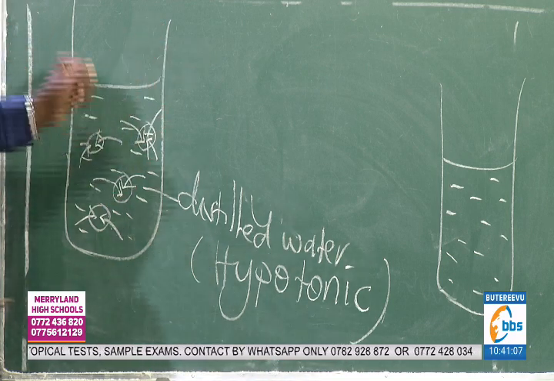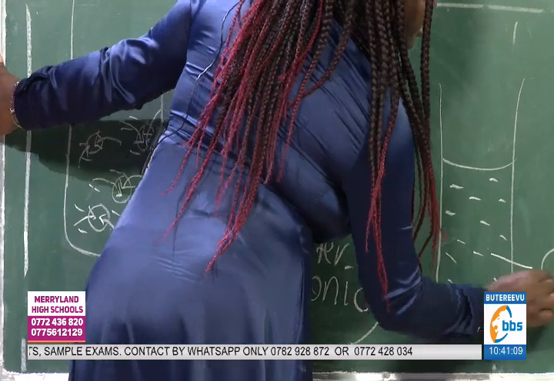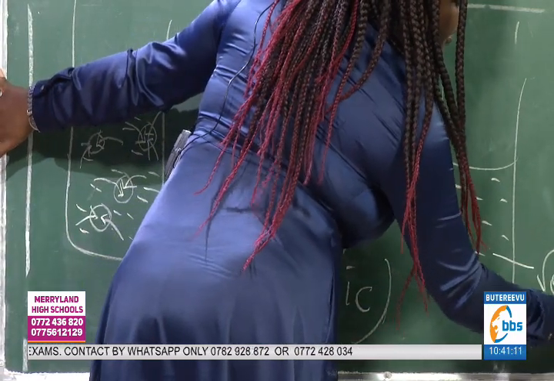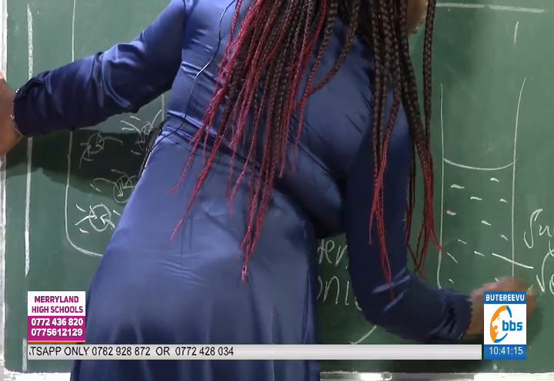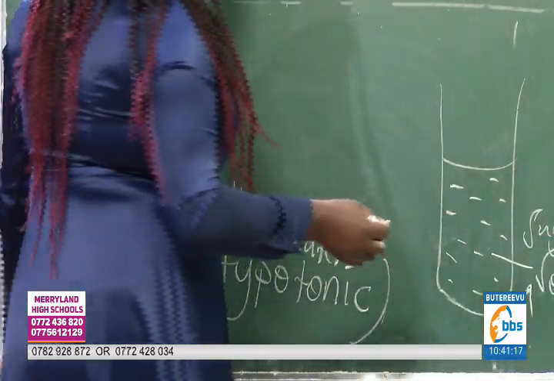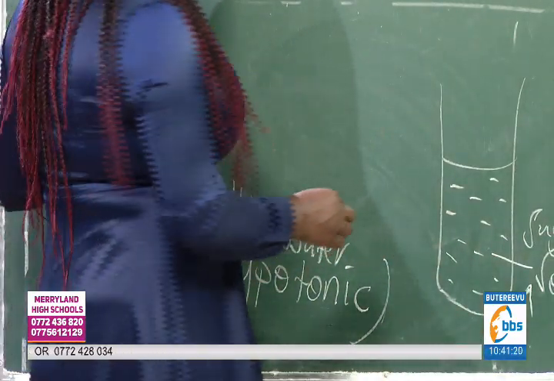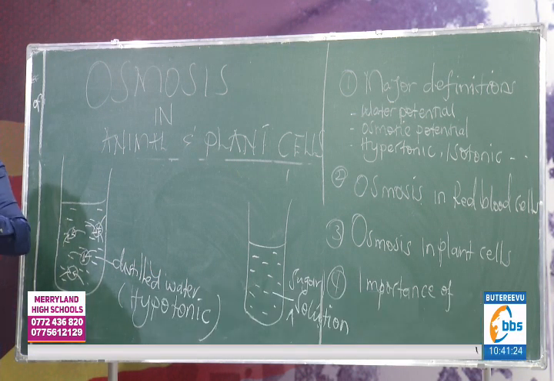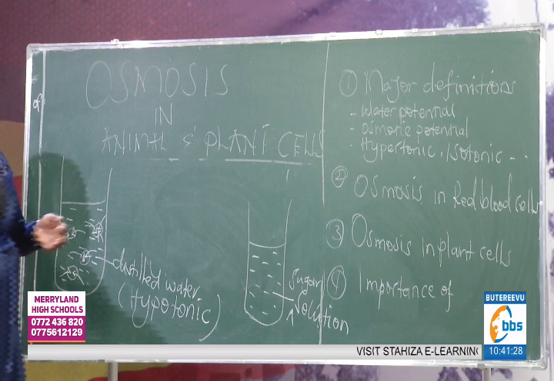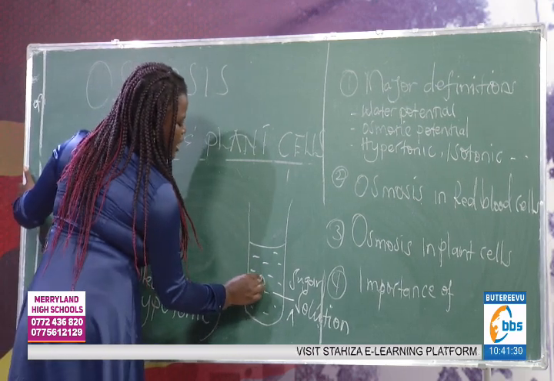Instead, you can also make it a salt solution, whatever it is. Put it in your test tube. Then get whole blood, centrifuge or spin it, separate the red blood cells, and place them in our strong sugar solution.